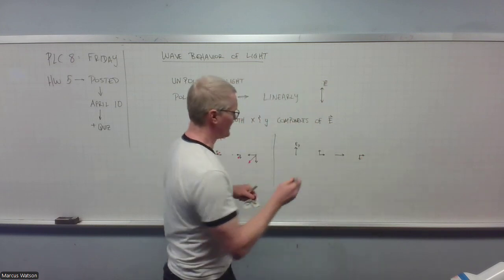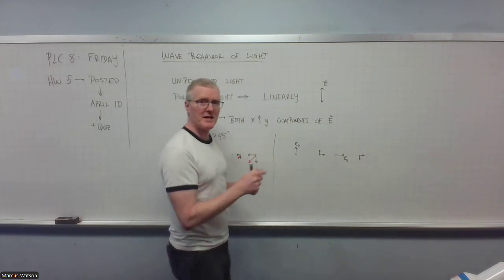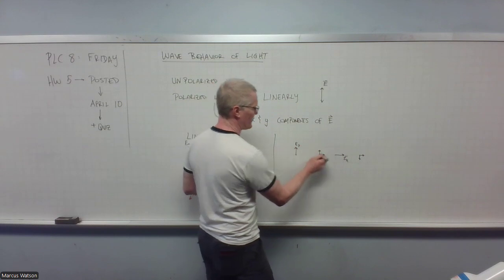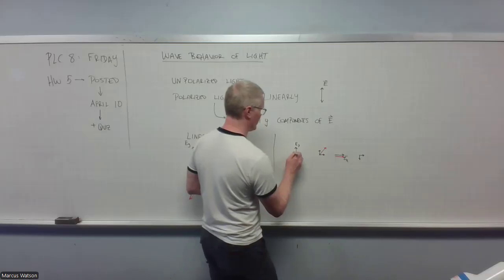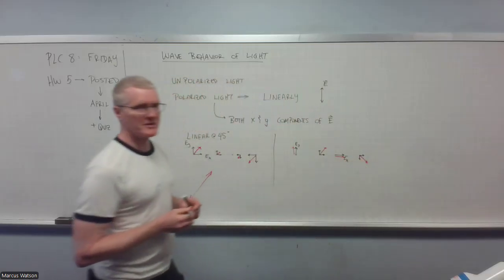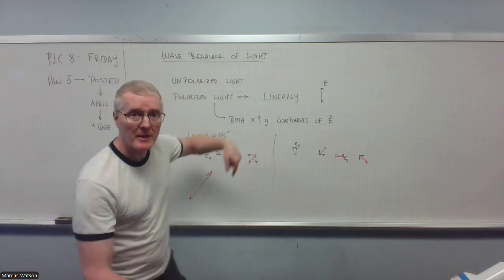So this is EX. What's happening is the polarization vector is initially following this, and now it's going here, and now it's going here, and now it's going here. Like so. Can you see it's actually rotating around in a clockwise manner?